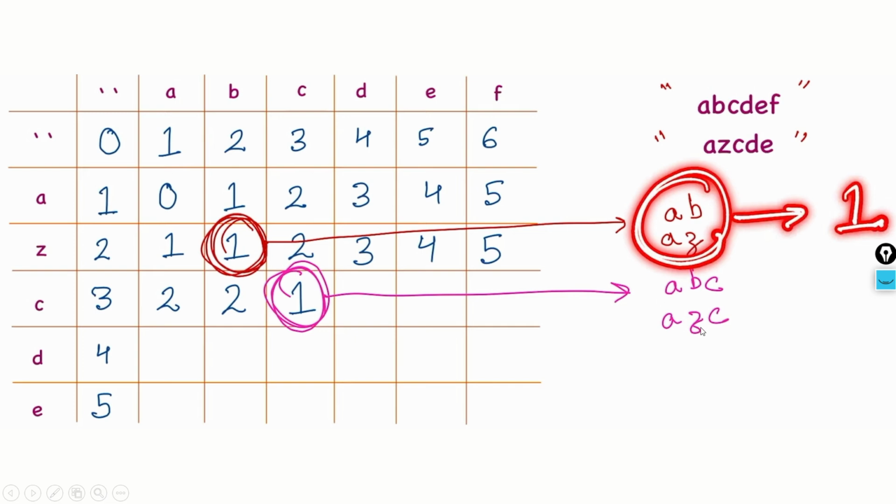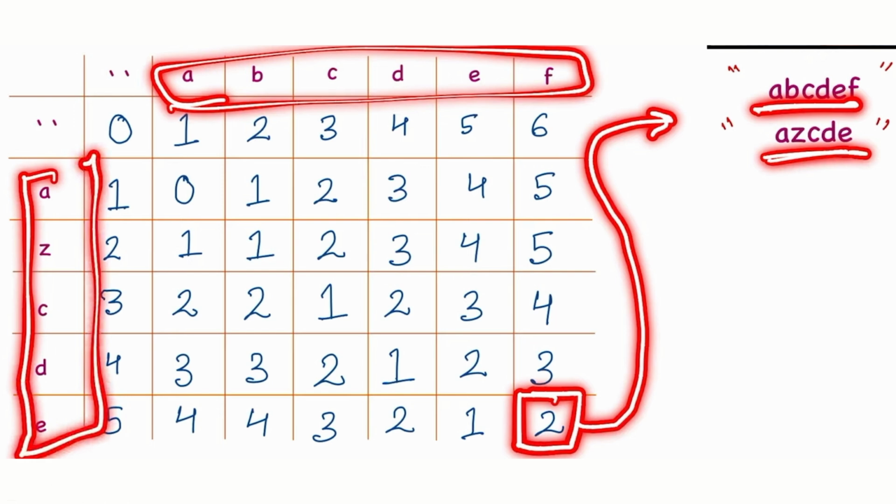ABC and AZC look quite similar except there is an additional C here. AB to AZ requires 1, so it's just C that we want. There's no insertion, deletion or replacement needed. It's just C and it's there. So we'd be copying the top left value, and this is what we get. We'd be following the same for the remaining values of the table, and we fill this table.